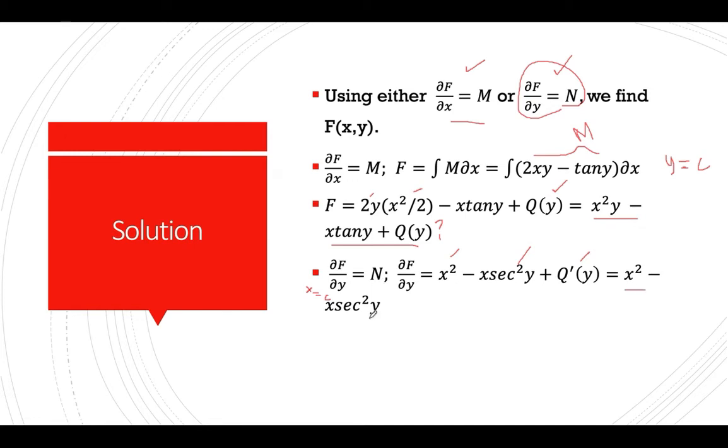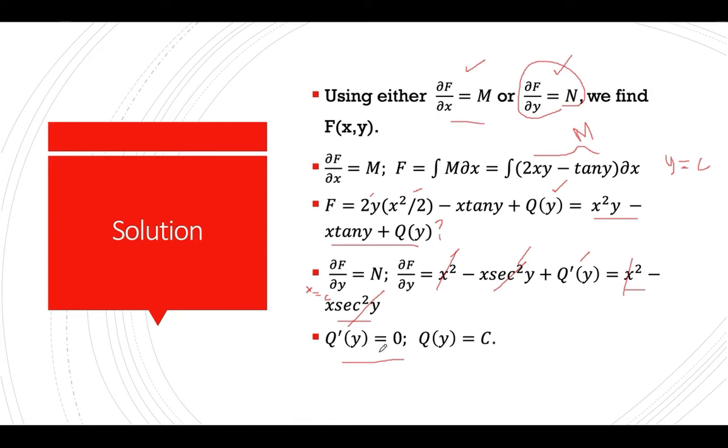So this is our N from the differential equation, and equating the two, the x squared will cancel out. We're solving for q prime. Also x secant squared y, and that gives us q prime of y equals 0.